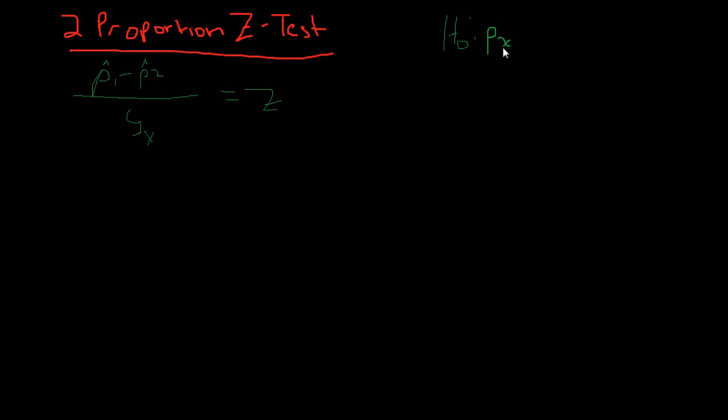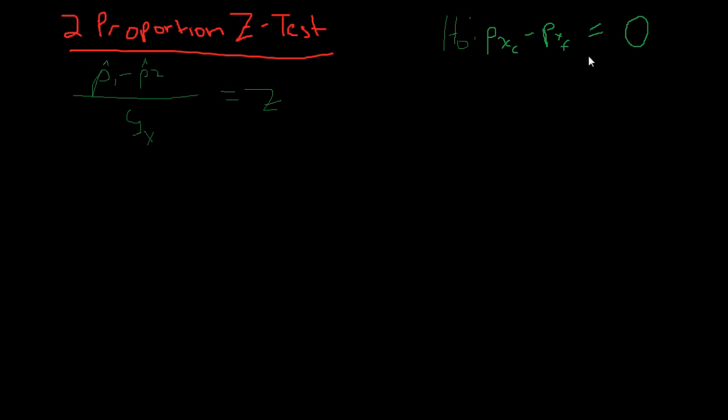You can substitute K or B in for X. This is just for the general form. So the proportion of people who find the subject dateable in casual attire minus the proportion who find him attractive in formal attire is equal to 0.